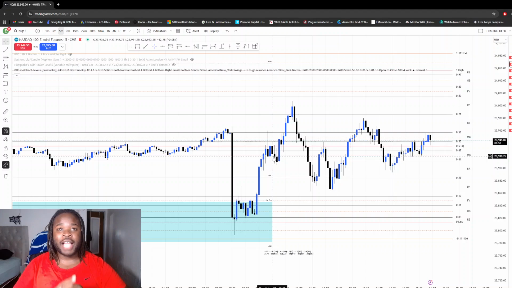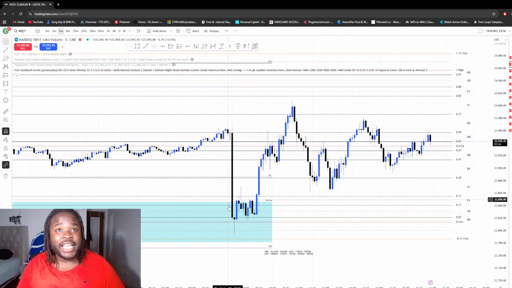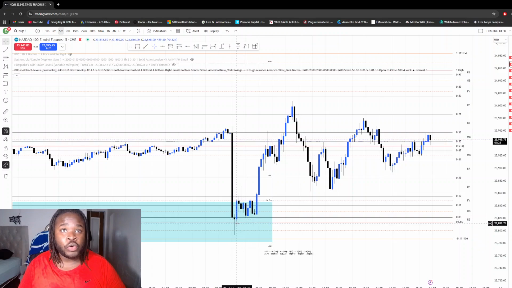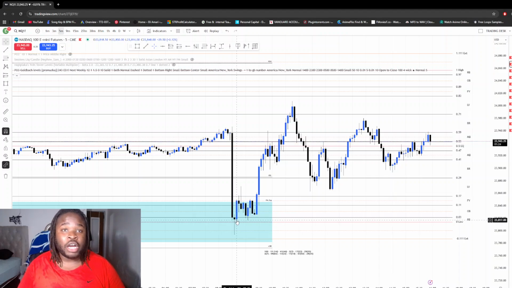And then obviously trading the internal dynamics of the lower time frames. I struggled with that highly as a beginner. But with this, having the 243 PO3, expecting the market to manipulate into this low, also this 1 hour fair value gap, I can expect a reversal to happen here.